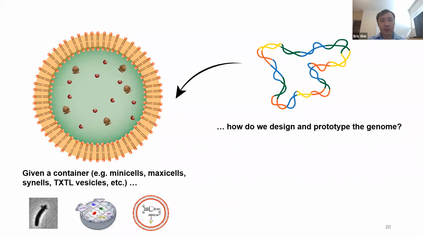No matter what container you have, how are we able to design and prototype the genome we use, and also whatever container we decide to use that has design strengths and weaknesses for how we go about instantiating and prototyping the genome that we want to design.